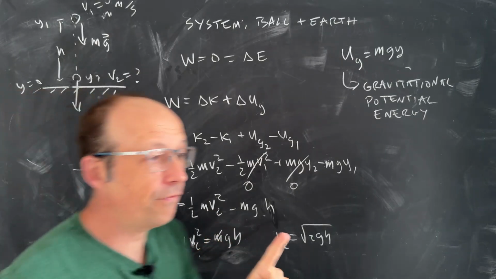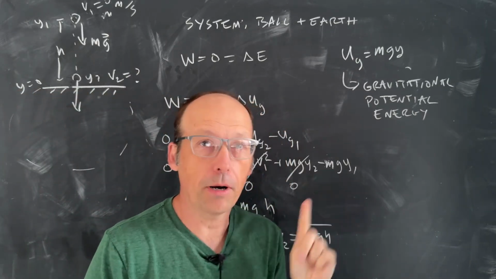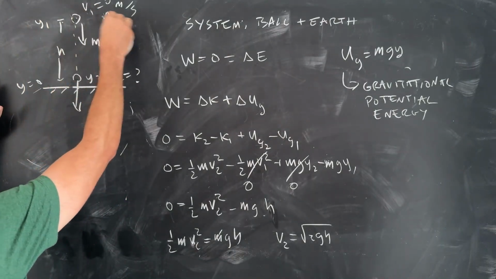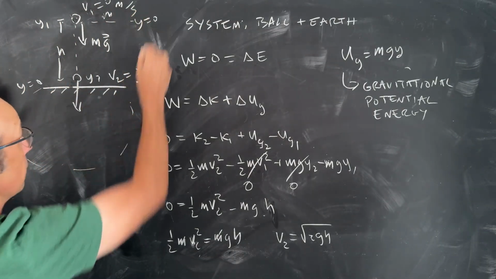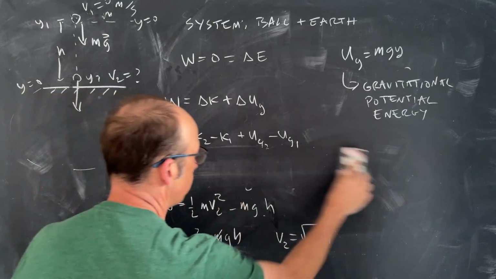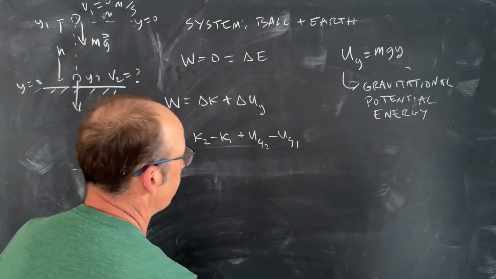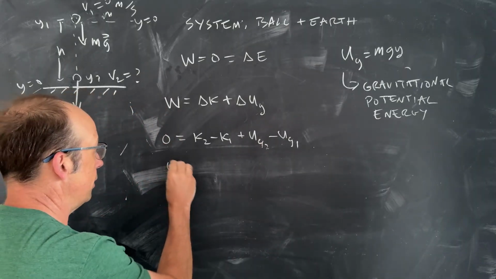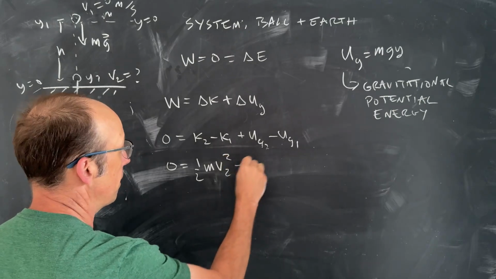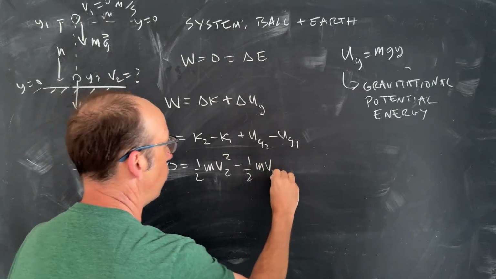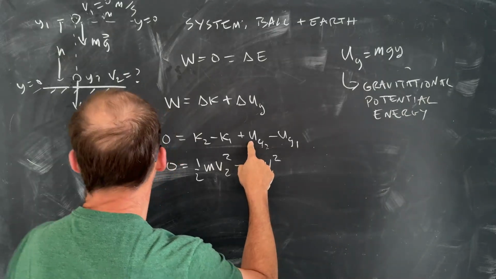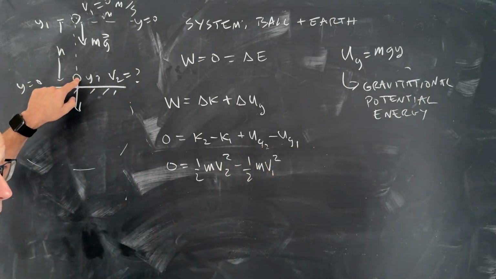Okay. Let's do the problem again. What if I picked up here as y equals 0? What would happen to the problem? Well, let's go back up here. Really, the only thing that's going to change is these potentials. So now I have 0 equals 1/2 mv2 squared minus 1/2 mv1 squared. Now my final gravitational potential energy, y is going to be negative h.